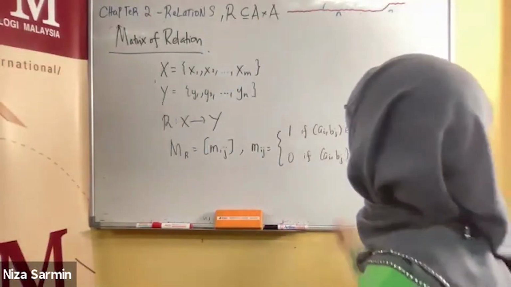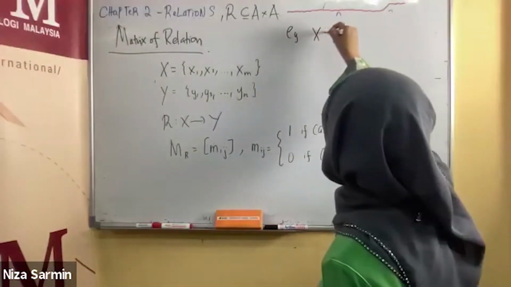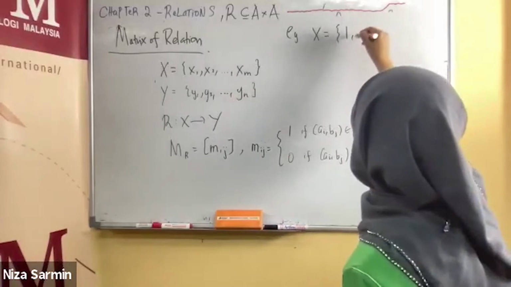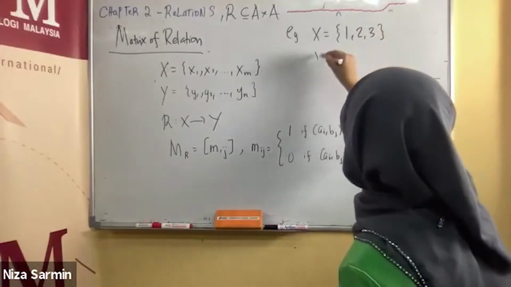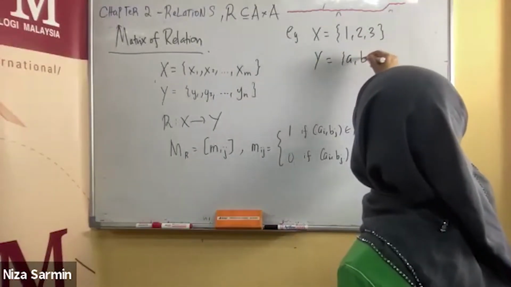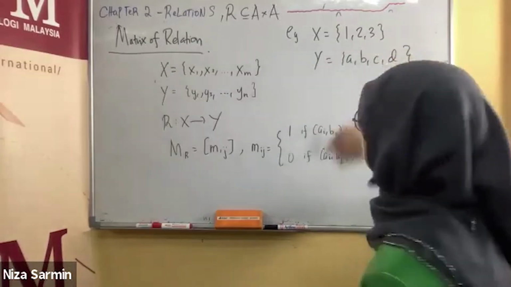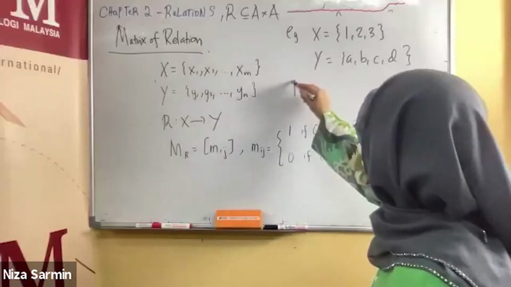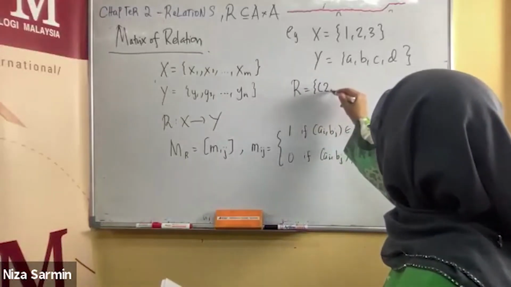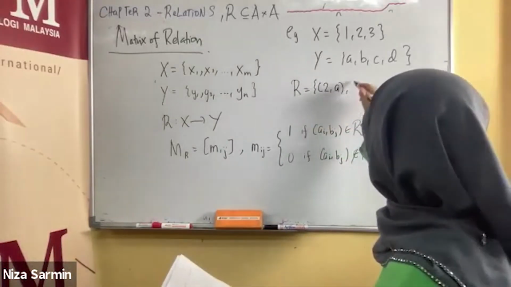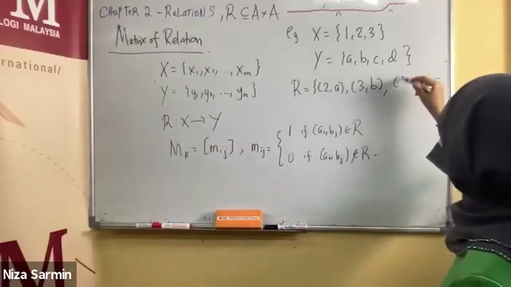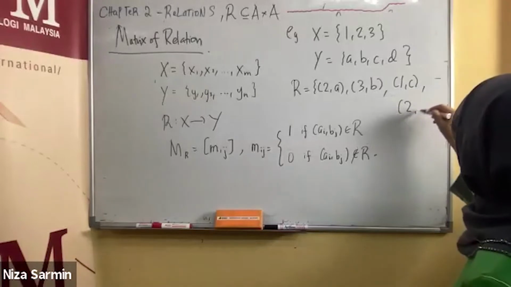Example. I have to give an example of X. X say 1, 2, 3. And Y is say A, B, C, D. And I have to give you the relation. Suppose this relation is 2A, 3B, 1C, 2D.